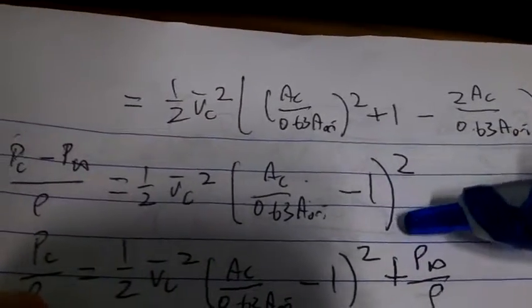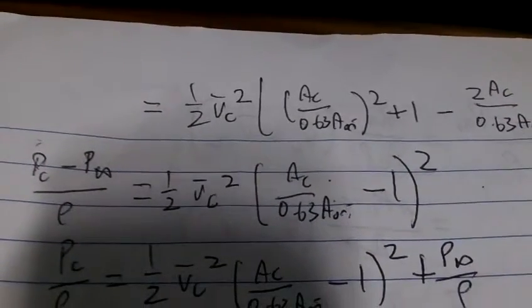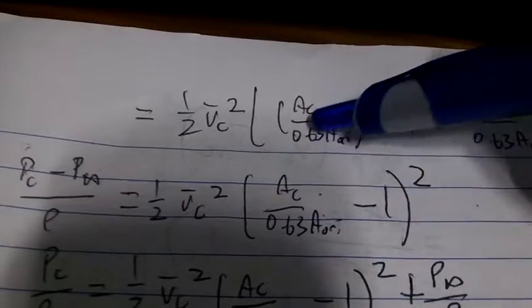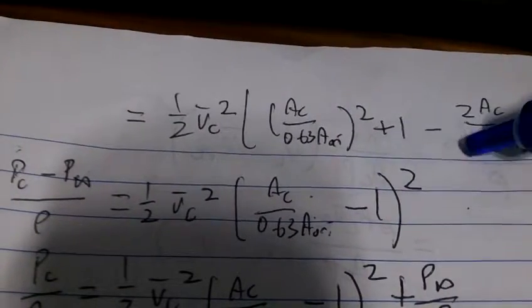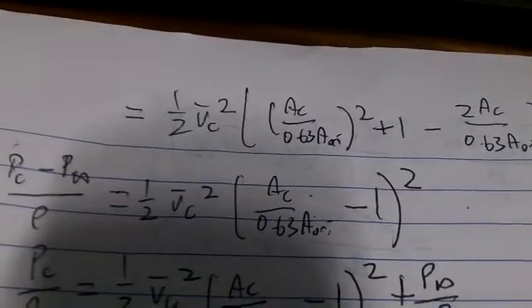Alright, minus 1 plus 2, and this part here will be truncated into this form, and it can be further truncated into this form. Because you see this is a squared plus b squared minus 2ab, you can just truncate it into this form.